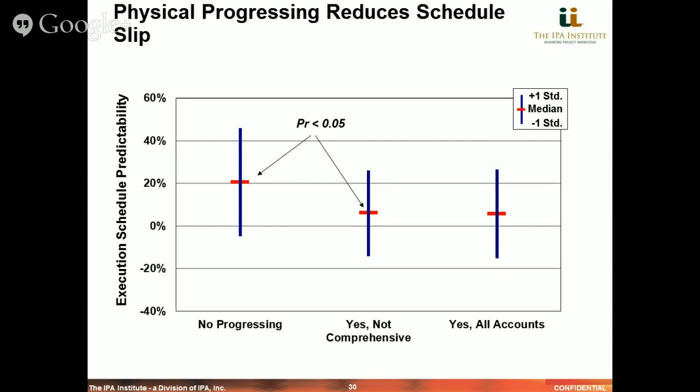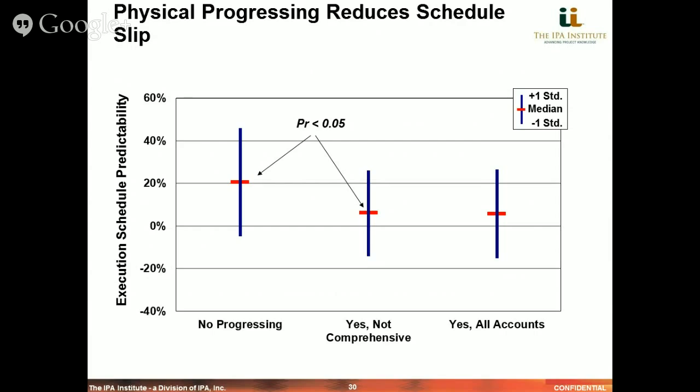We see a significant jump in performance from the no progressing to at least some level of physical progressing. Here on the vertical axis, you see execution schedule predictability, 20% being the average for projects with no physical progress. And that is to say, on average, those projects experience a 20% schedule slip from the time of authorization to the actual completion.